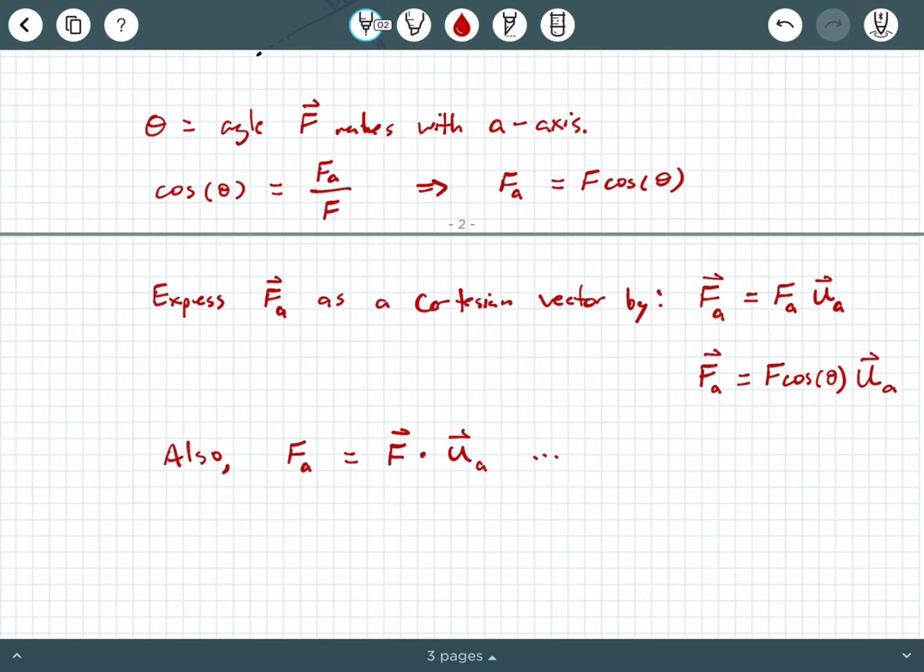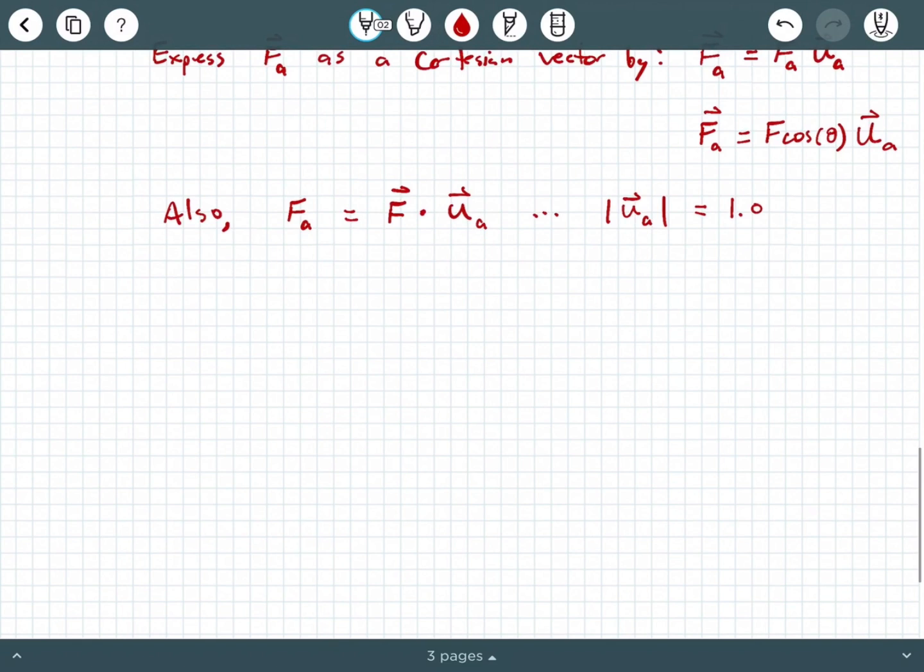Now, why can we say that? Remember, what is the magnitude of a unit vector, for any unit vector? That's just 1.0. That's part of why it's called a unit vector. So here are some of the cool things we can piece together.